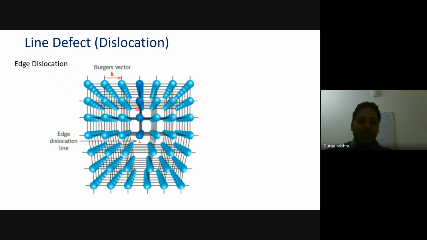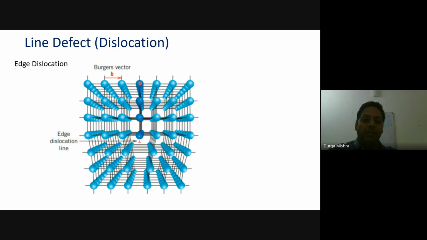As you can see here, you have this set of atoms which are arranged quite regularly. But as you go down here, the column for this one particular atom is completely missing. That causes a distortion.